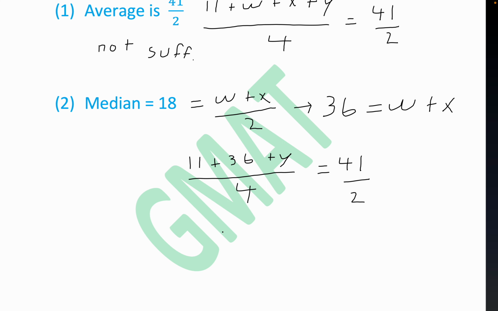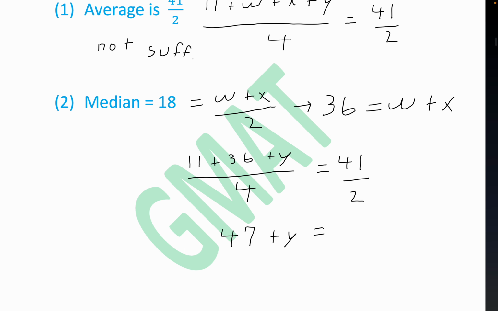So what we get is 47 plus Y. Now, if we multiply by 4, that equals 82, right, folks?